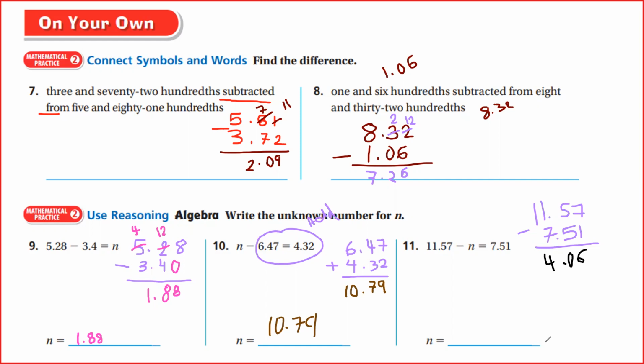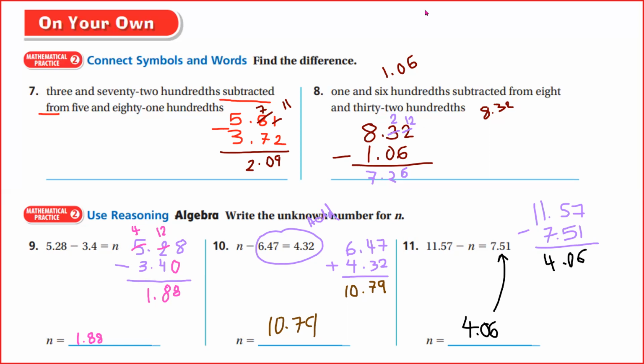So 11.57 minus 4.06, the answer will be 7.51. Is it clear? Yes, teacher, it's so easy.